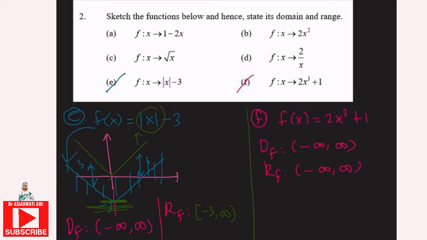If you want to sketch the graph, when x is equal to 0, y is equal to 1. The graph is like this. So domain from negative infinity to infinity, range from negative infinity up to infinity. So settle for number 2.